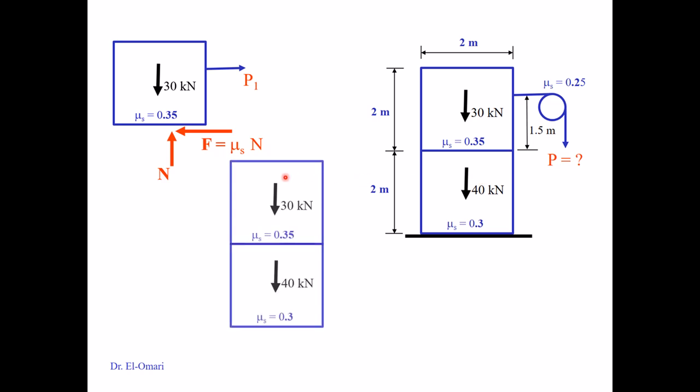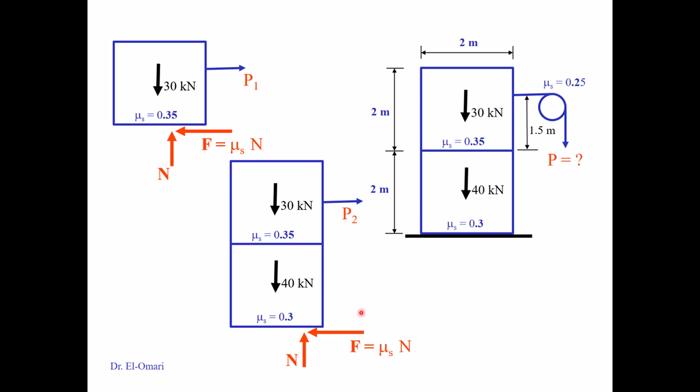The other case that we need to analyze is that both boxes will slide as one unit in that direction, which means that this friction is big enough to keep these two boxes together, and the lower box can slide because its friction can be smaller.